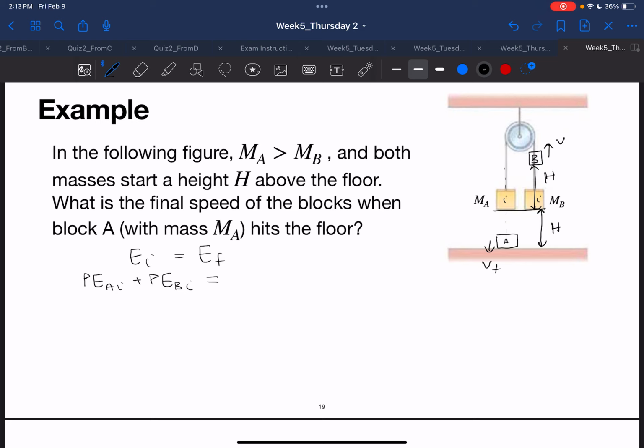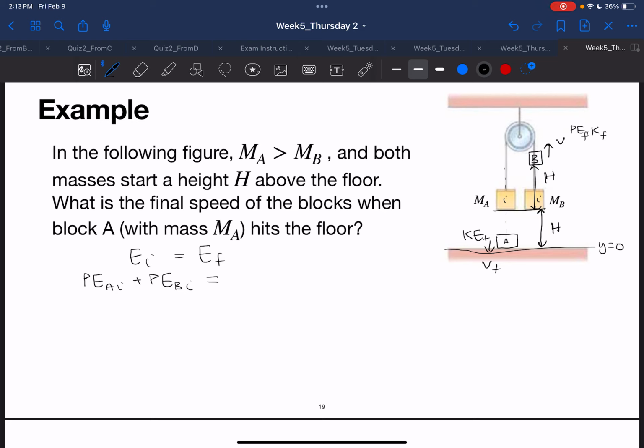So in the final point, block A, since it is about to hit the ground, and this is y equals 0, doesn't have any potential energy, we just have kinetic energy final. But block B is both moving and off the ground, so it's going to have both potential energy and kinetic energy in its final state.